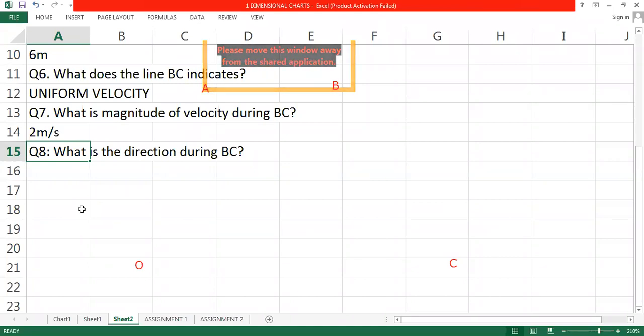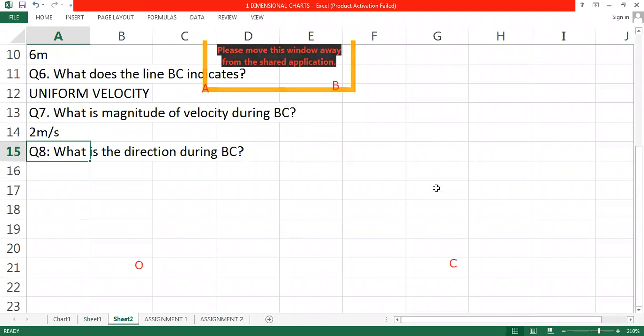Yes, you can say the object is moving towards the initial position. Or you can say the object is moving in the opposite direction.